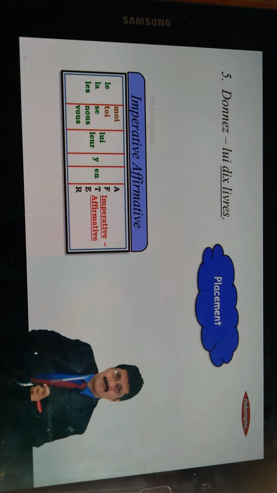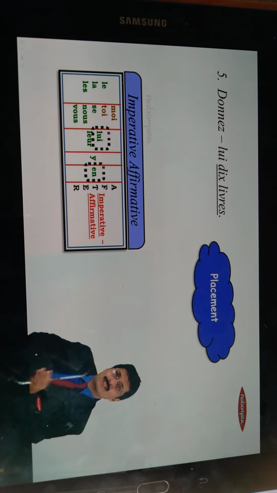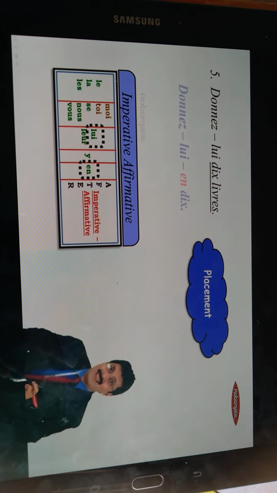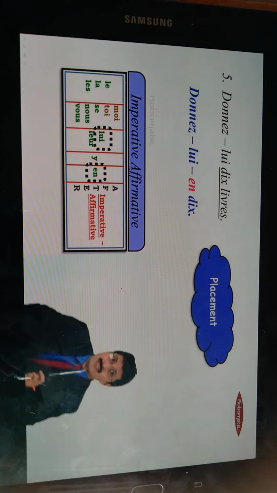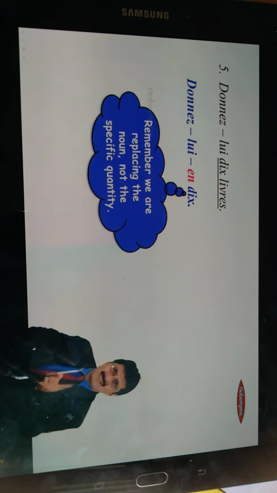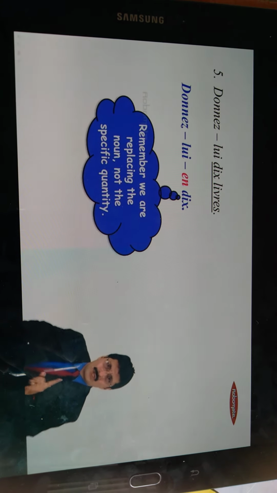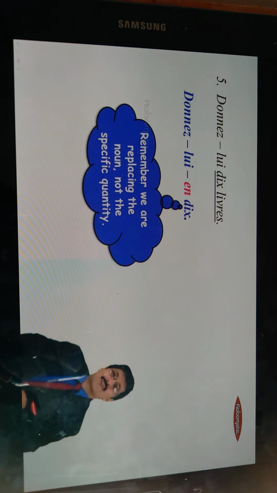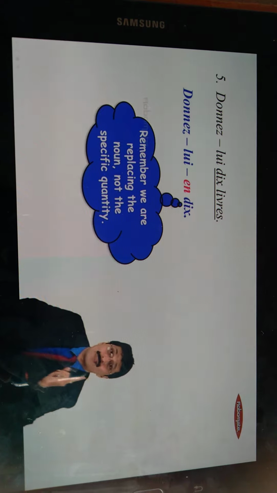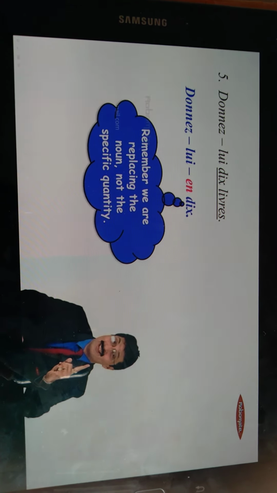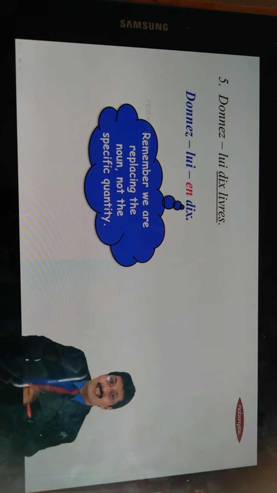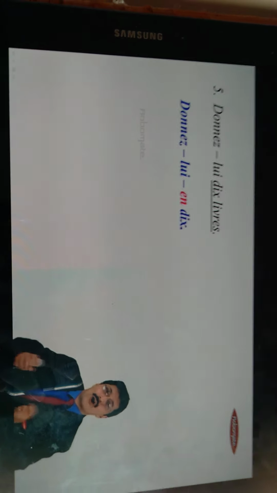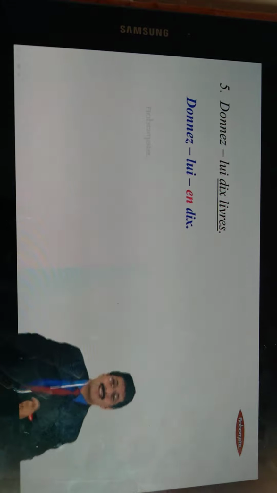Even here, en is always going to be last. So, donne hyphen lui hyphen en, des. But that des should not be there because you are supposed to replace it. No, my dear friends, you know we are replacing the noun, not the specific quantity. So des is not going to be there, and therefore Donnez-lui-en is my correct answer.